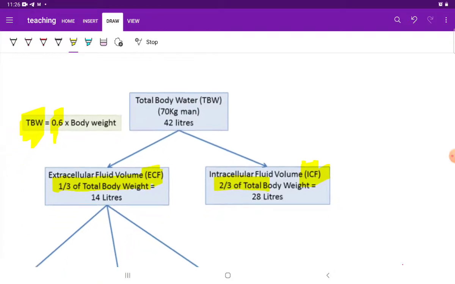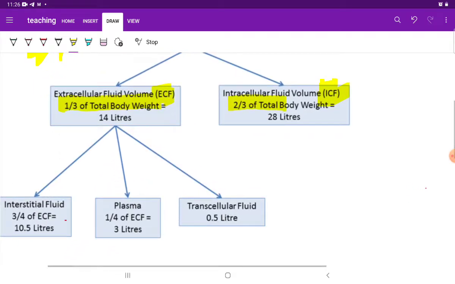Now the ECF is again divided into interstitial fluid and plasma. Three-fourths of the extracellular fluid is mainly interstitial fluid and one-fourth is mainly constituted by plasma.